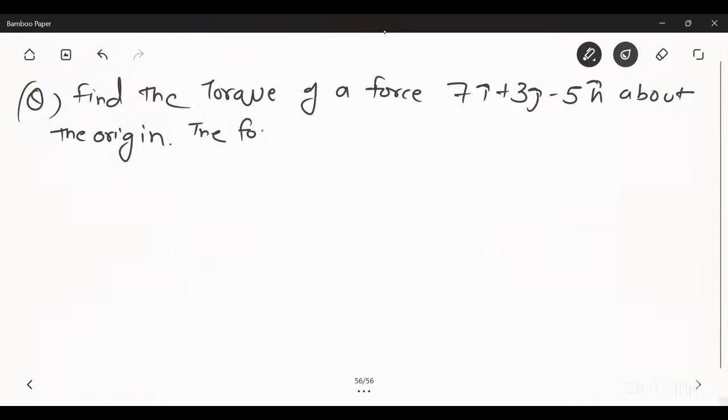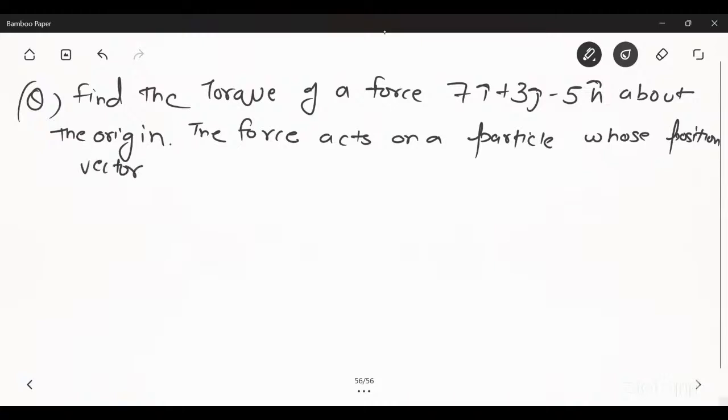The force acts on a particle whose position vector is i minus j minus k.